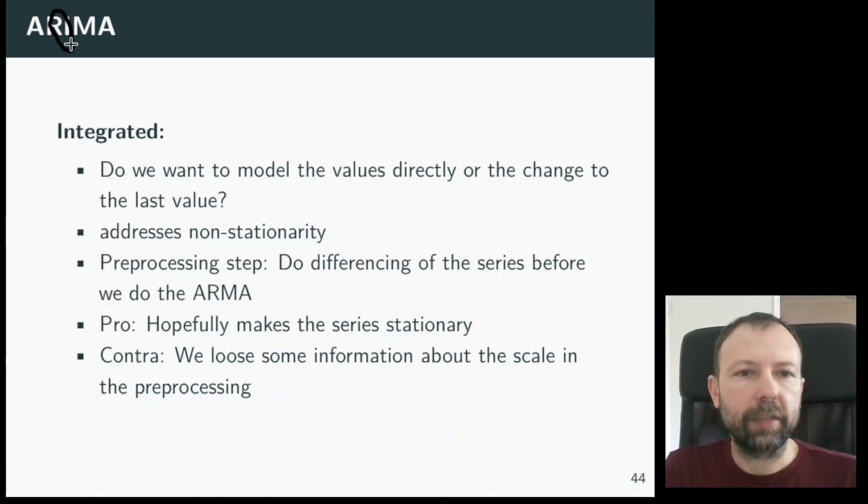And you can see this as a pre-processing step. So you do the differencing of the series before we then do the ARIMA. And the advantage of doing that is hopefully it will make the series stationary. I mean, it not always does that, but often it does. And the disadvantage is we lose some information about the scale in the pre-processing.